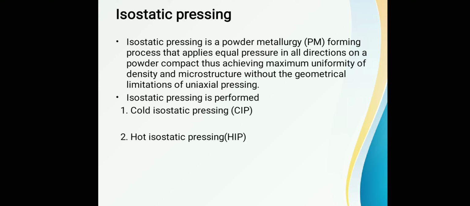In isostatic pressing, the pressure is applied in all directions against the powder contained in a flexible mold. We study two types of isostatic pressing: the first is cold isostatic pressing, and the second is hot isostatic pressing.